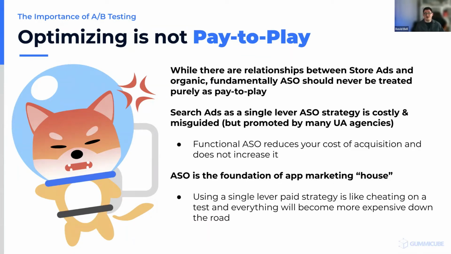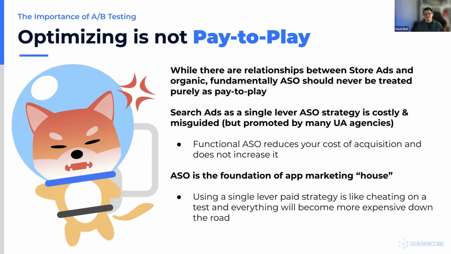I think there are a lot of relationships between store ads and organic, but fundamentally ASO really never should be treated as a pay to play effort. I think a lot of people, particularly a lot of UA agencies, promote Apple search ads as a single lever ASO strategy, and we feel this is costly and misguided. Functional ASO should reduce your cost of user acquisition, not increase it.